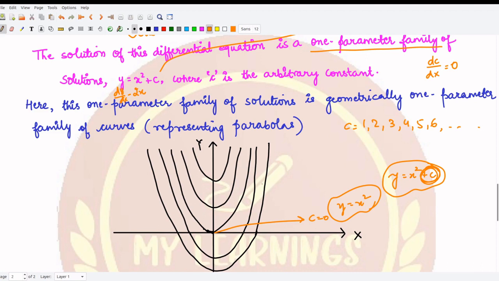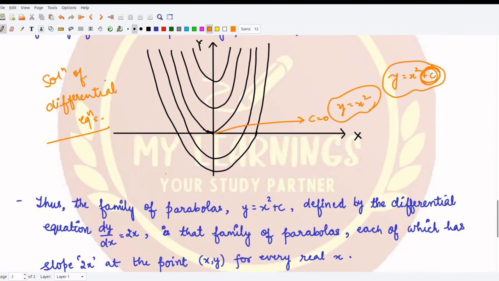So this represents the solution of the differential equation, and you see there is not just one solution for this differential equation. There are many, in fact a family of solutions present here, right? All of them represent parabolas.